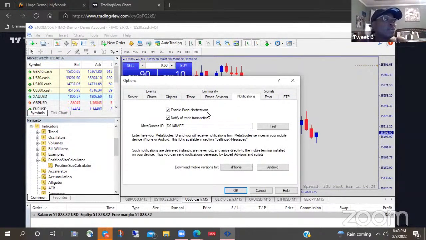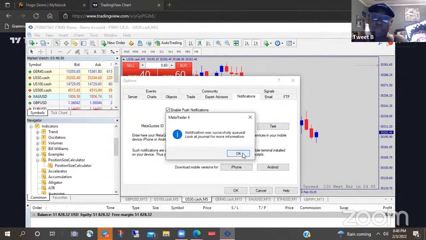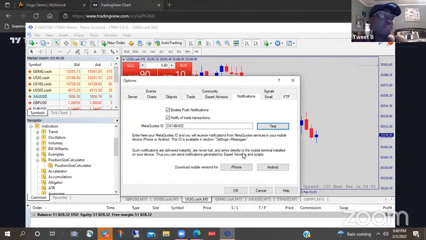This is going to give you the notifications to your cell phone so that we're not watching the chart, because we want to live our life, right? So if I was to hit test, and I'm going to hit this button, you heard my phone go off.